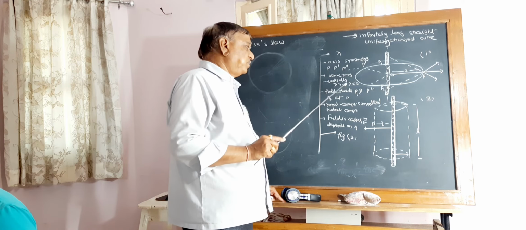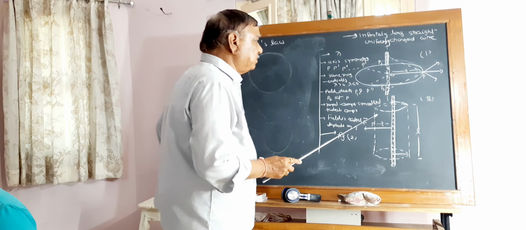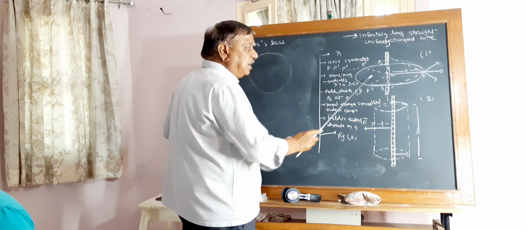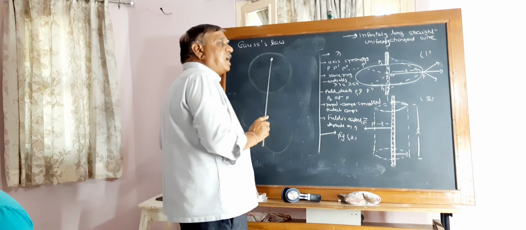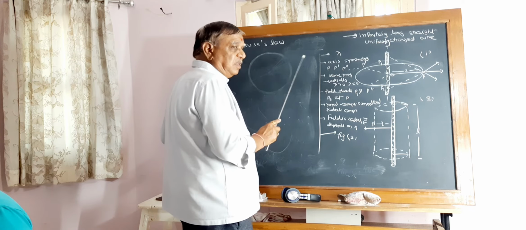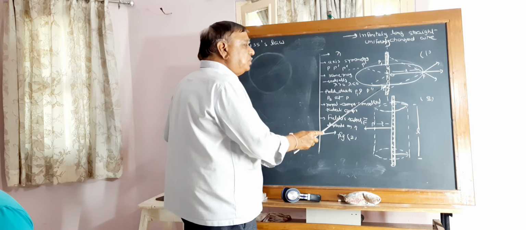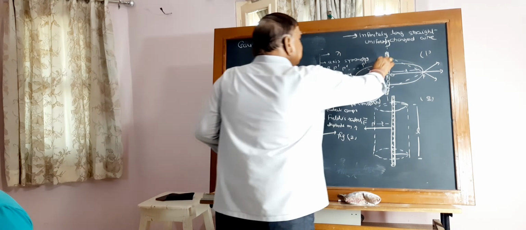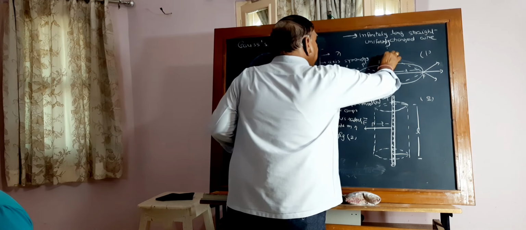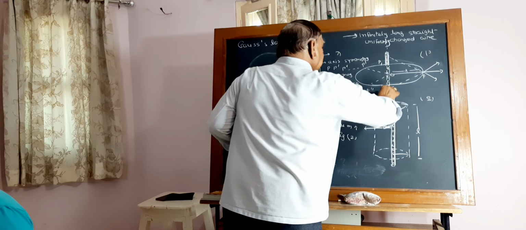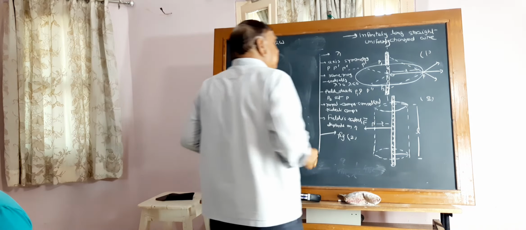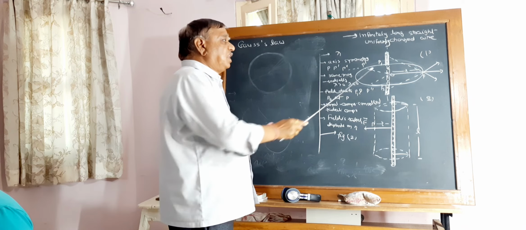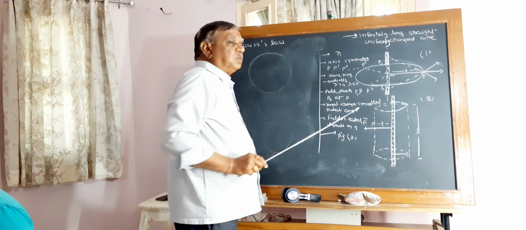Now see here, we have to find the field at point P at a distance r from the center. Now consider two small elements P1, P2 as shown in the figure. Consider two line elements P1, P2 as shown in the figure.